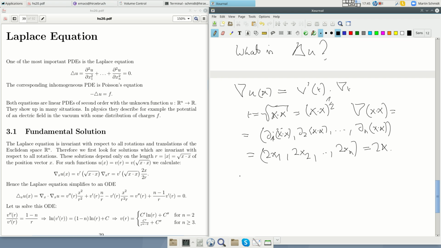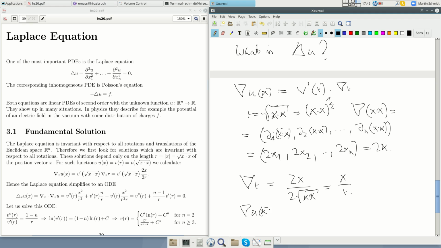This is the square root. So the gradient of r is now, the inner function is this term, so we get 2 times x, and the outer function gives 1 over 2 times the square root of x times x. So this is x over r. Okay, so we have the first result.